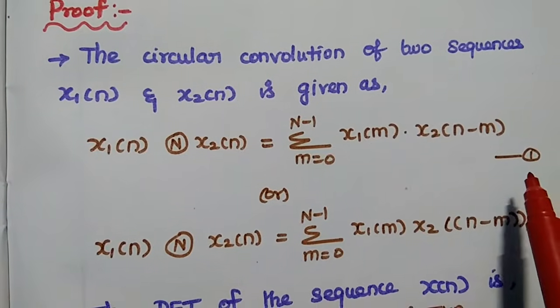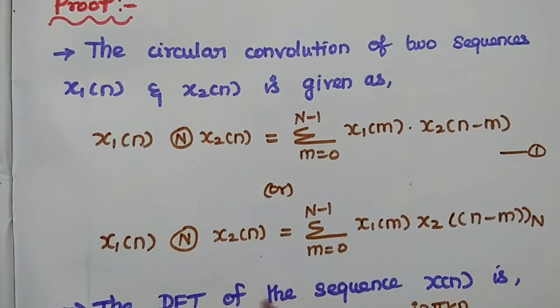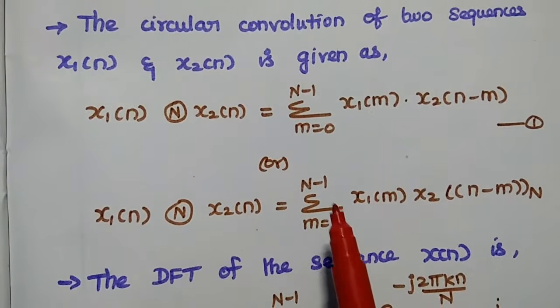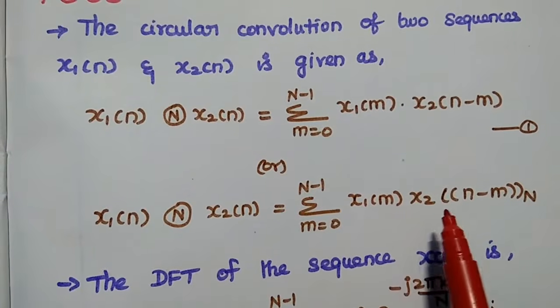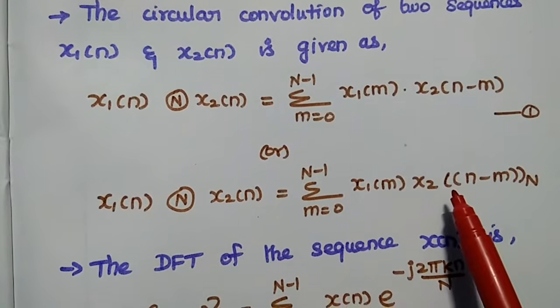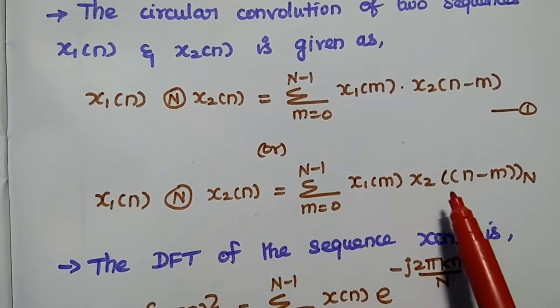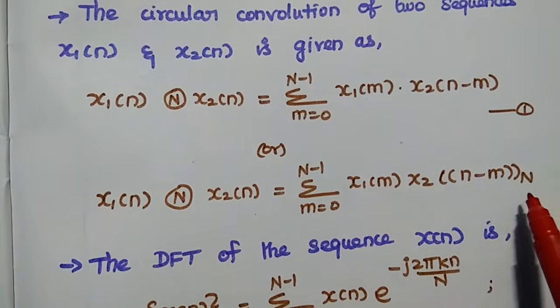Consider this as the first equation. The same formula can also be written as summation m equal to 0 to N minus 1, x1 of m x2 of double bracket n minus m mod N. Here the double bracket represents the circular operation for this N number of samples.